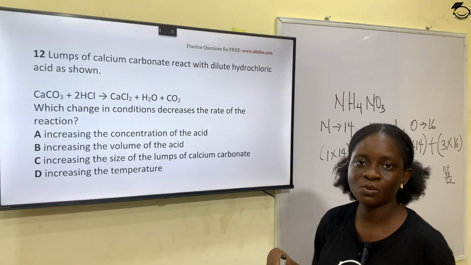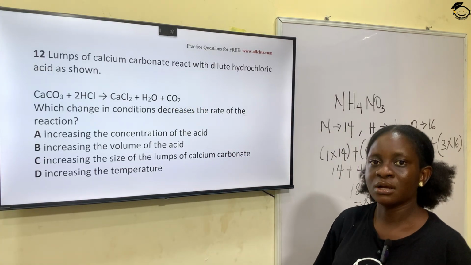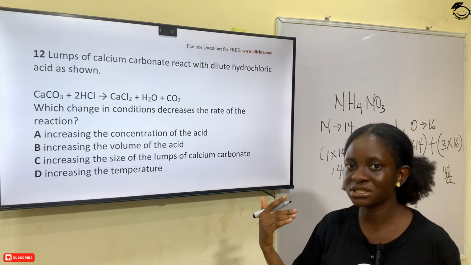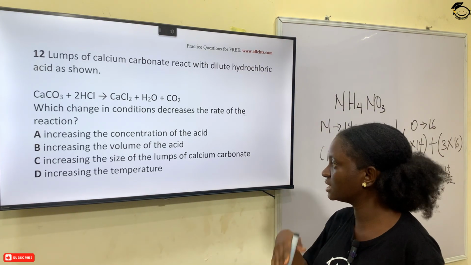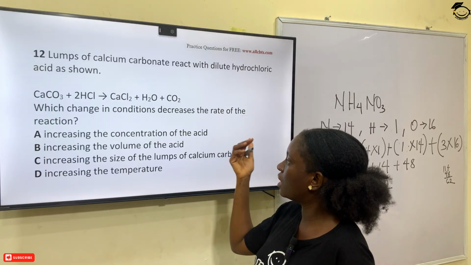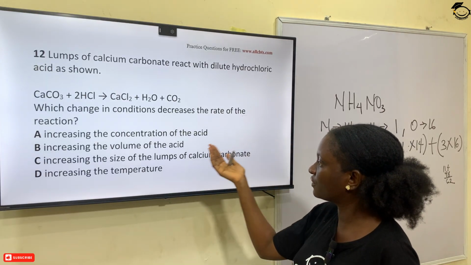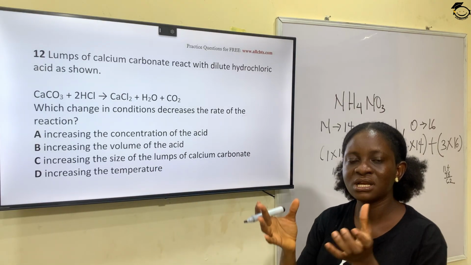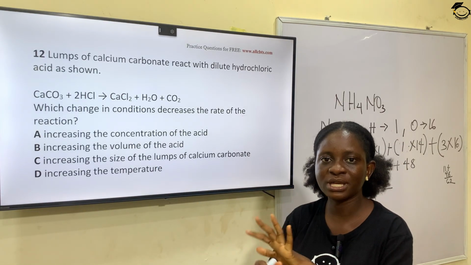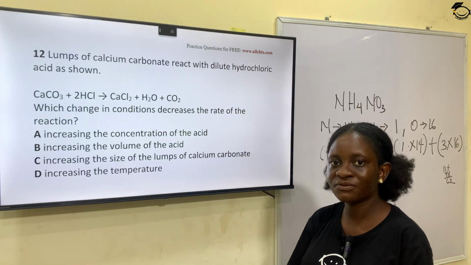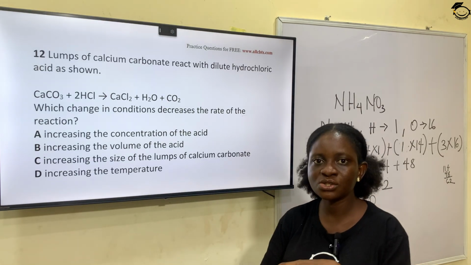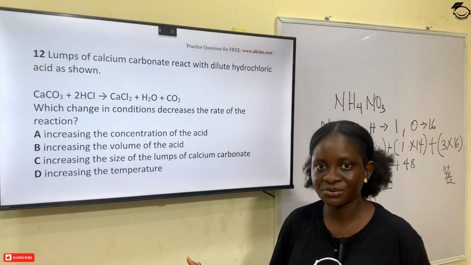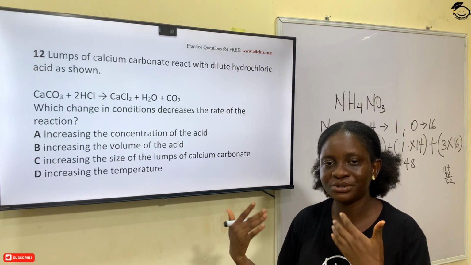reaction. When temperature is increased, it increases the rate of reaction, increasing the collision, leading to an increase in reaction. But if there's an increased size of the lumps, that means it's in solid form, not powdered. That means the surface area is not wide. If it's in powdered form, the surface area is wide, so that will increase the rate of reaction.